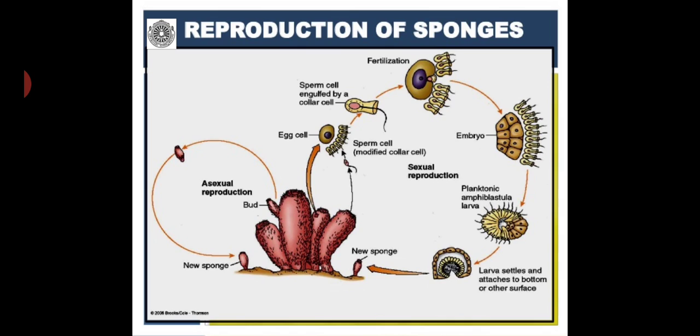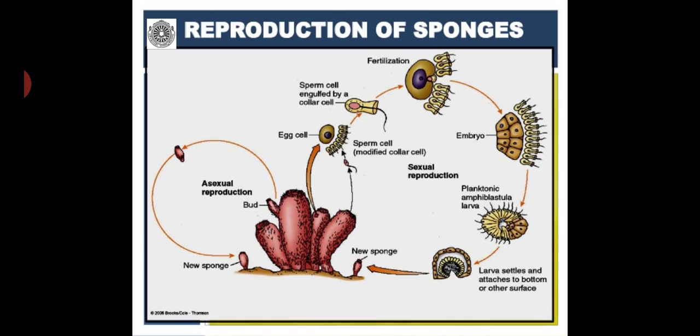sperms by the same sponge, and they enter into the body of another sponge, where the sperm cell is engulfed by a collar cell, and within the body of that other sponge the fertilization takes place, resulting in the production of a zygote.